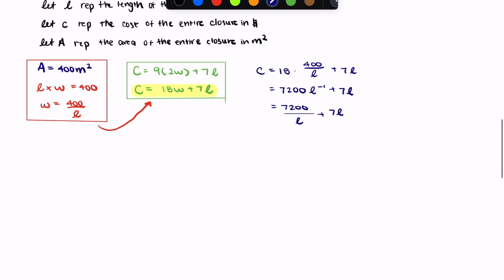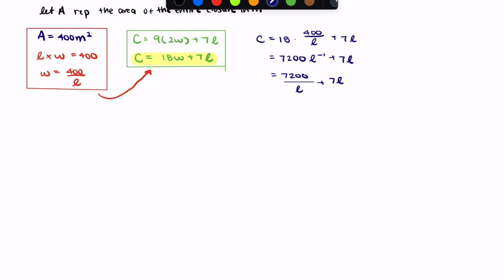And so here we're going to define the derivative of C. So here we have C prime is equal to negative 7,200 L to the power of -2 plus 7.